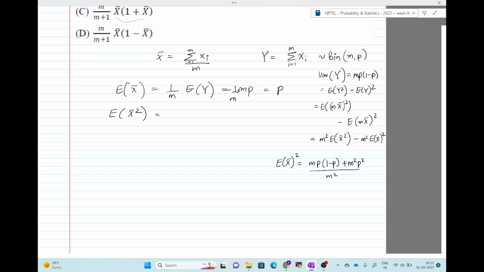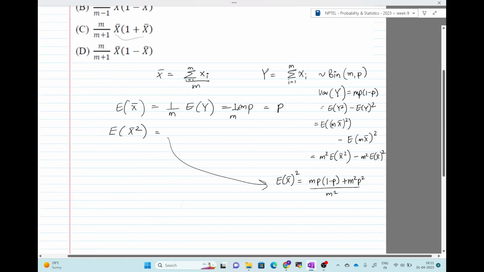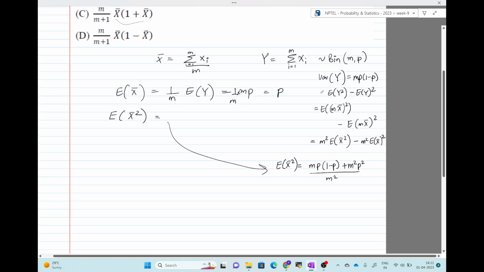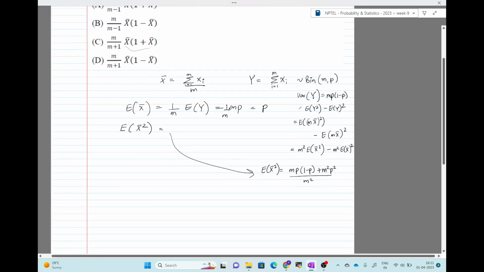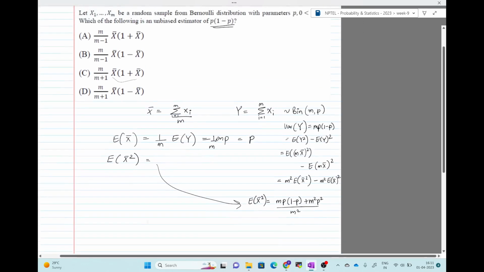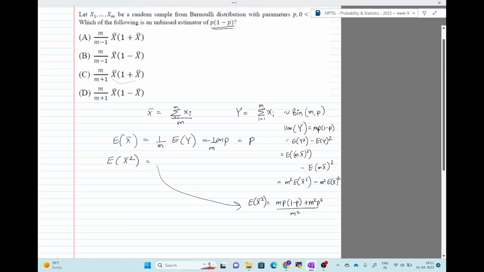Oh, sorry, this should be that. Now you can just substitute and see in each of these options.